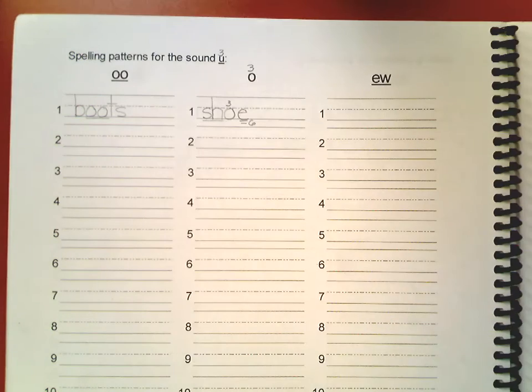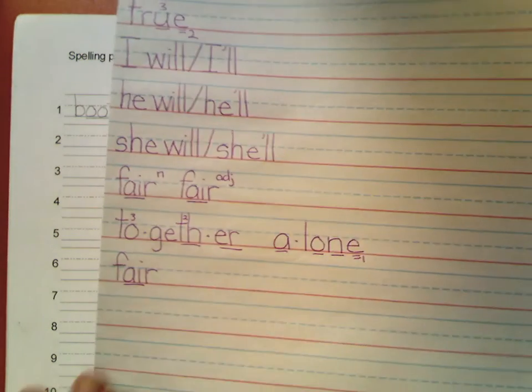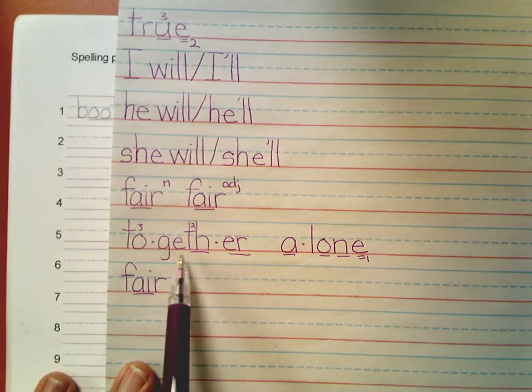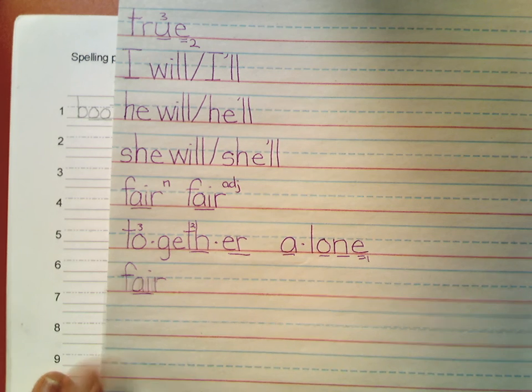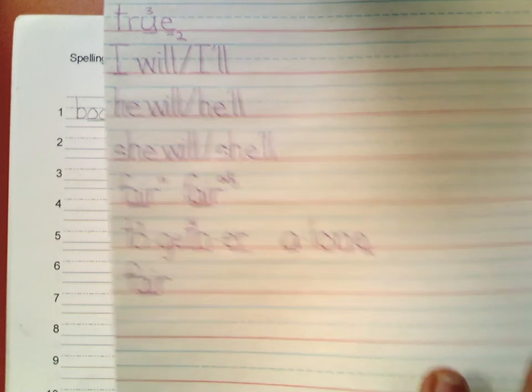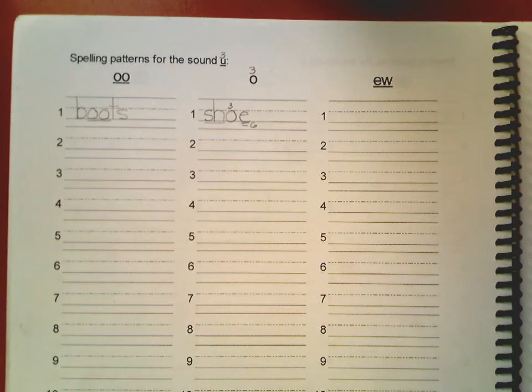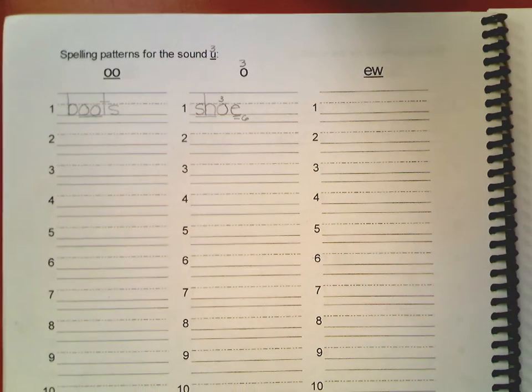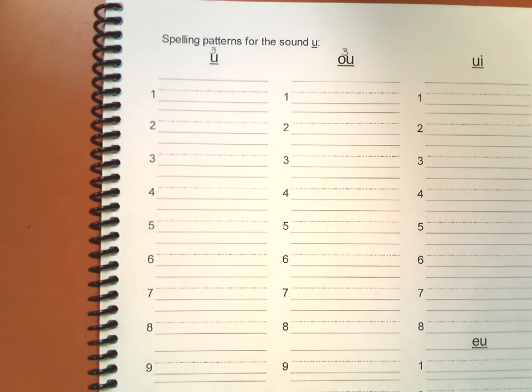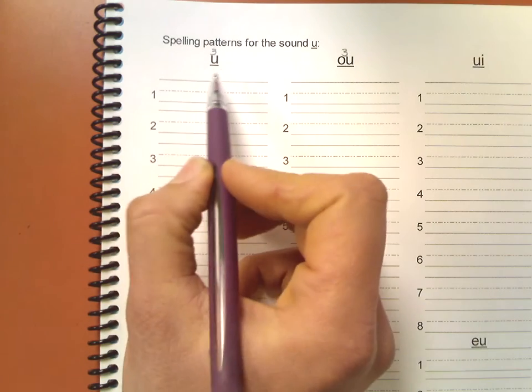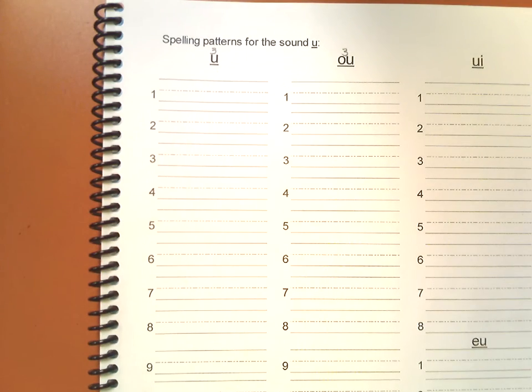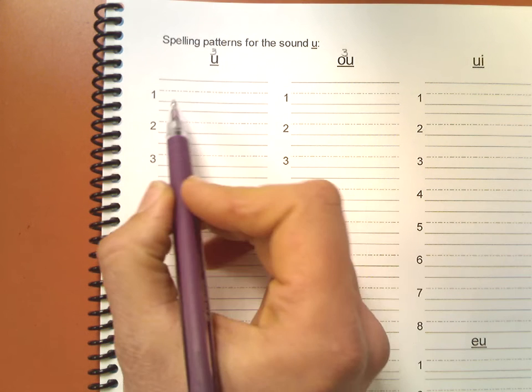All right, pause the video if you haven't finished and we'll check it. So together. All right. Oh, but we had another oo word. We had true also. All right, let's put true. So this is our saying oo in an open syllable. So let's go ahead and write the word true there.